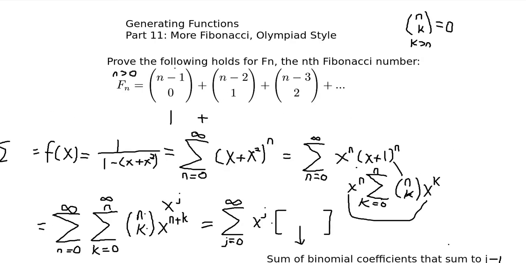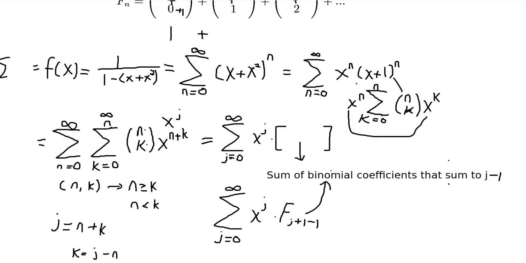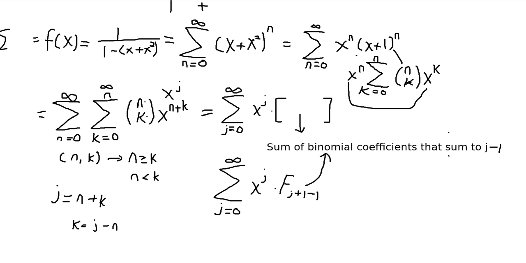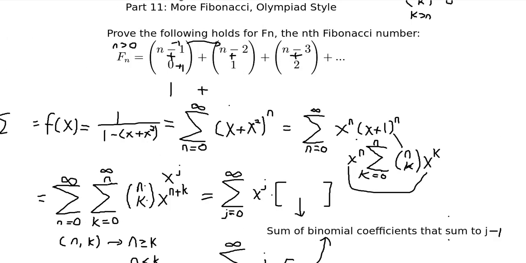And here we see that each time our top index goes down by 1 and our bottom index goes up by 1. In other words, the sum never changes. The sum of these two is always going to be n minus 1. And that's exactly what we proved here: that f sub j is equal to the sum of binomial coefficients whose components sum to j minus 1.